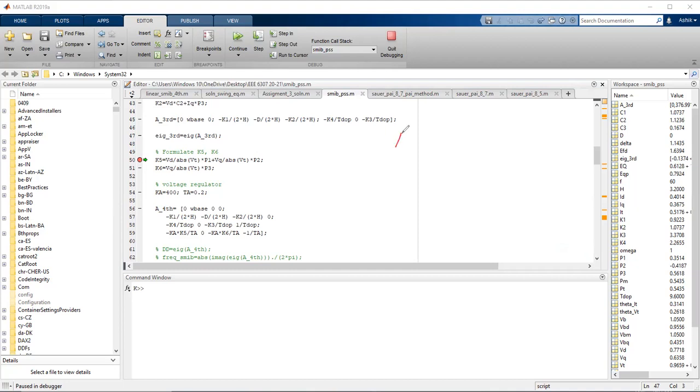If your system matrix is A, or let's say A third or A fourth, whatever, simply I'm using A, then multiplied by, generally denoted by V vector, this eigenvector should satisfy this relation for this A matrix. Because it is appearing on the right of the system matrix, for satisfying this equation, this is known as the right eigenvector.